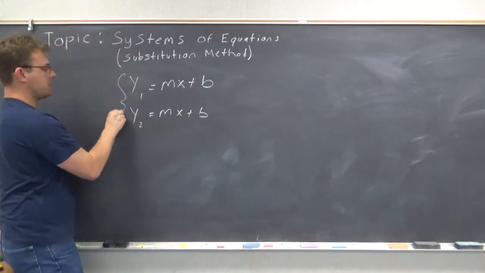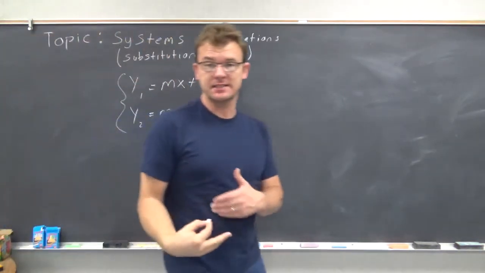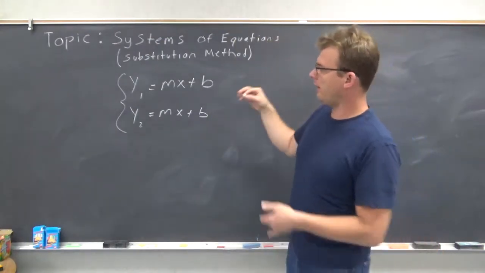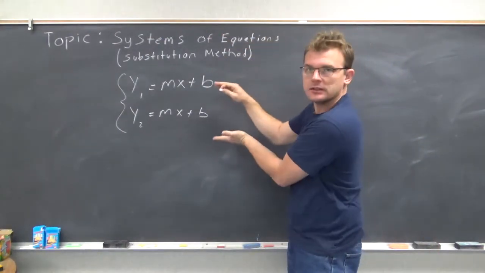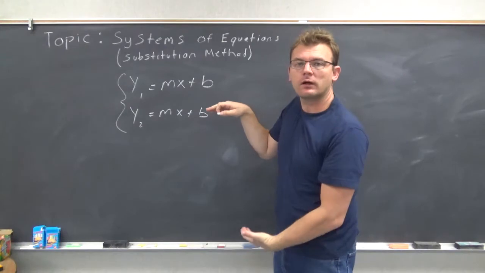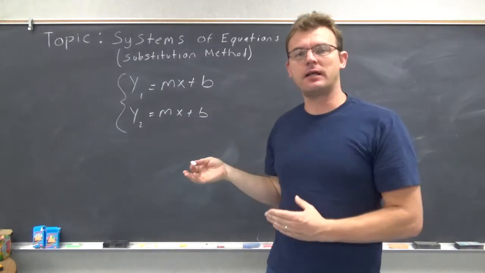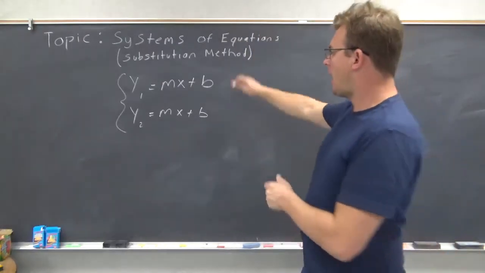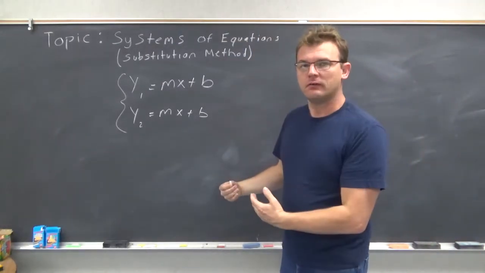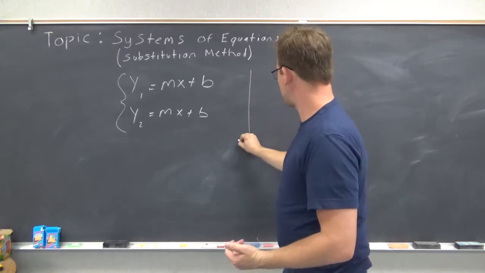Well, this right here is what we call a system. And we are going to take two equations. It could be more than that, but we're going to work with maybe two. And maybe if we're lucky, I'll give you a demonstration of three. But in real life, we look at something like this.